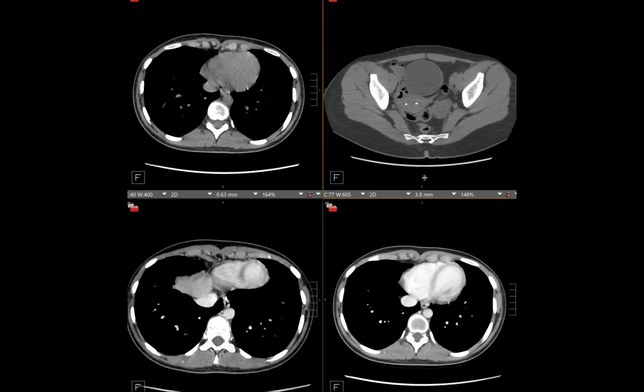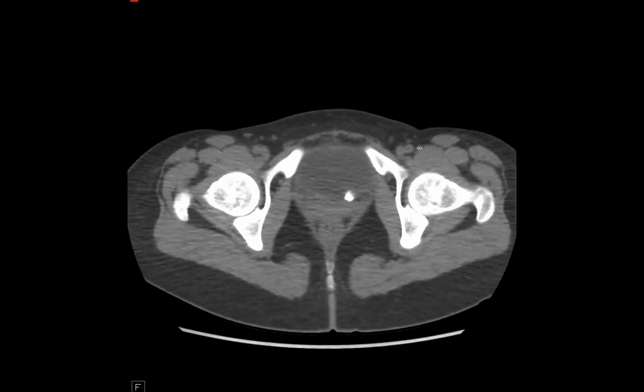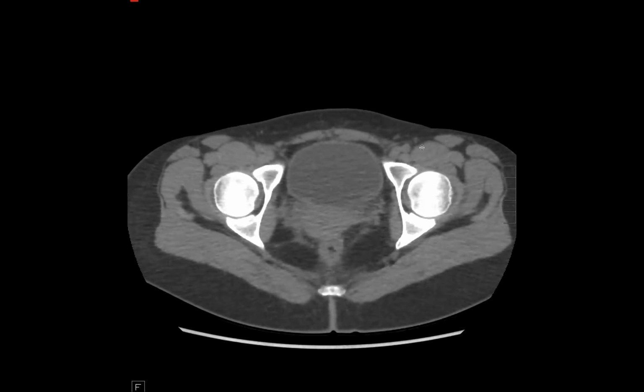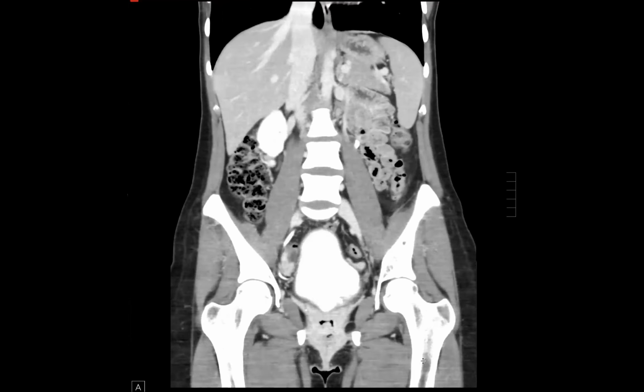This patient had flank pain and got a CTU. So we see a bladder stone just beyond the UVJ.